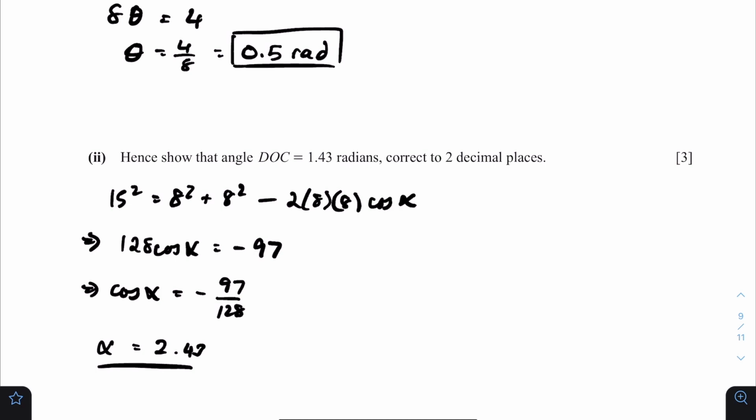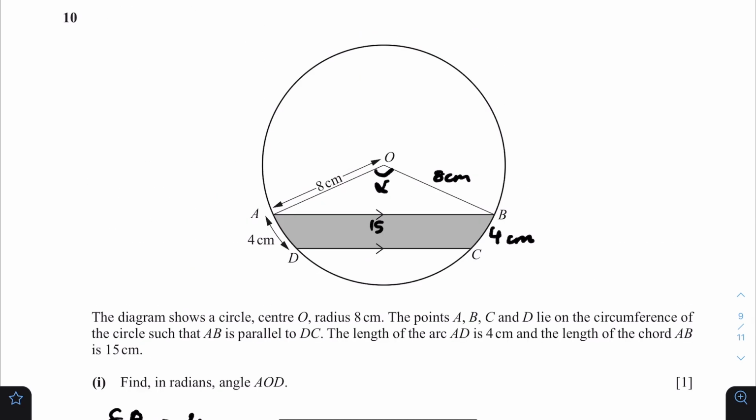However, that's not our answer. If we look back over here, we're not looking for alpha. Alpha is composed of angle AOD, angle DOC, and also angle COB. COB is the same thing as AOD just because this is symmetrical, therefore it's also going to be 0.5.